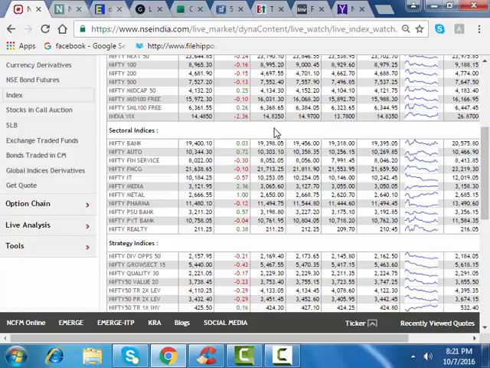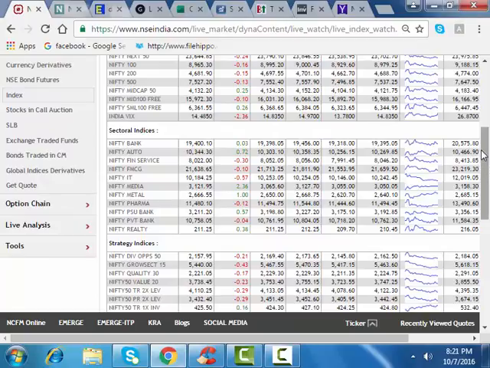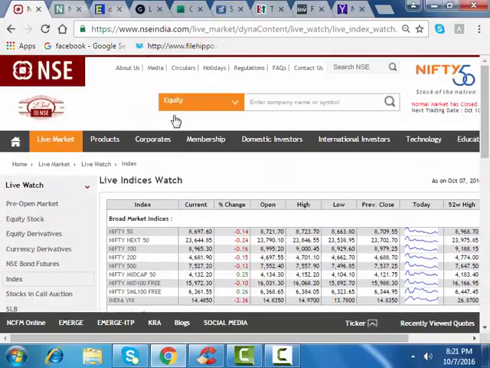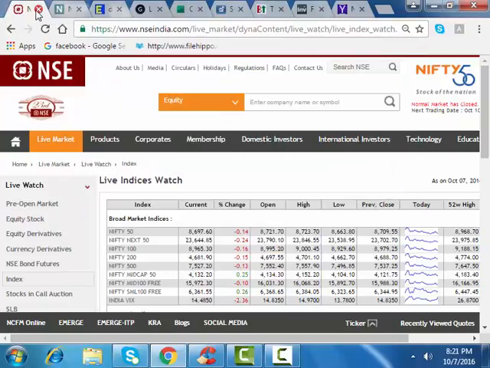Nifty bank, Nifty auto, media, metal, pharma and everything is there. The red color indicates the market is going down, and the green color indicates that the market is going upside. Okay, then close it.